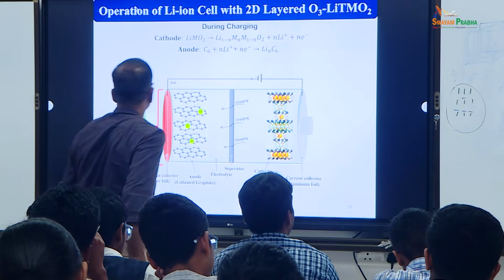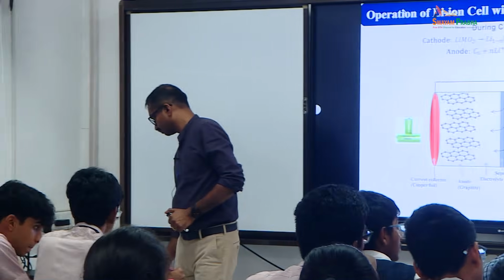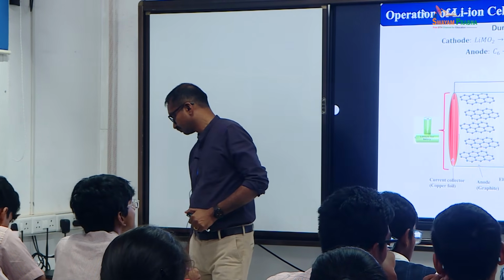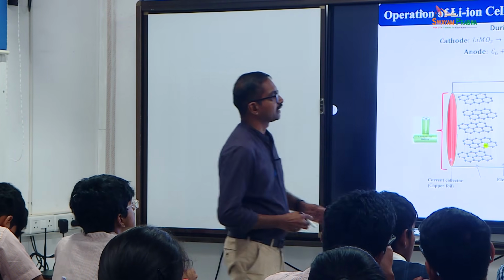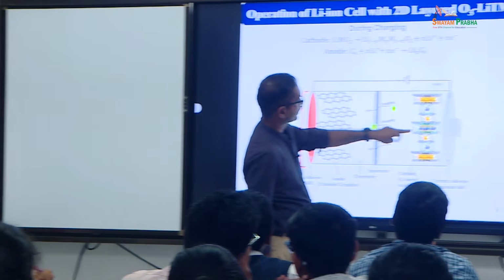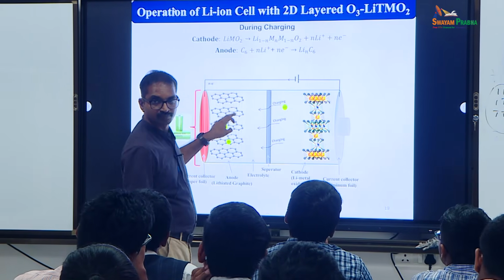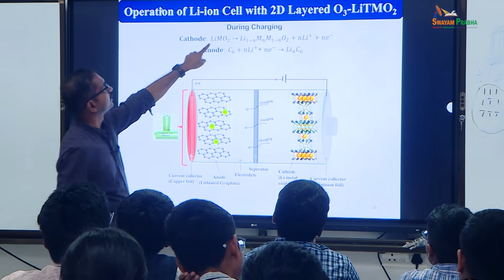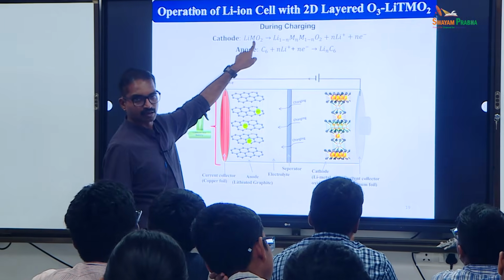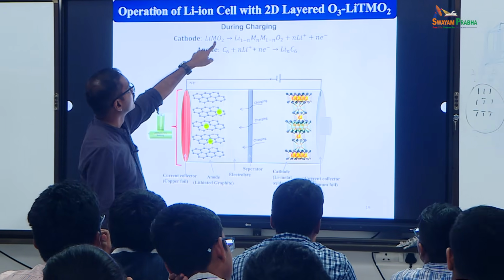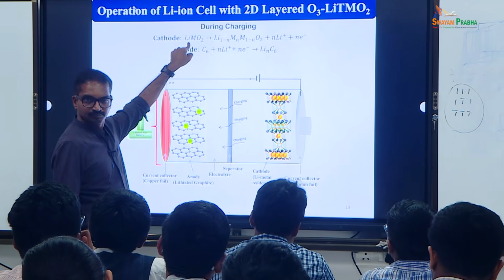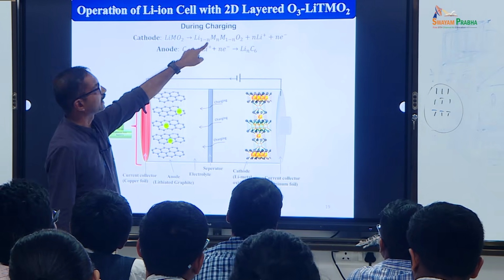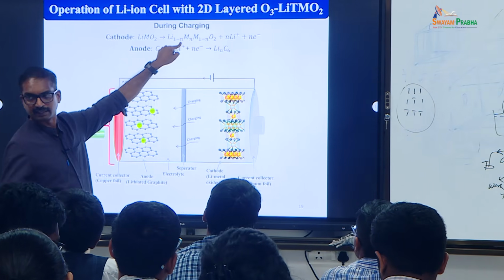And then now again we look at this visual. I am going to charge the battery. Lithium is extracted from here, gets intercalated here. Now what happens actually? This is my lithium cobalt oxide. M stands for cobalt here, for example. Now when I am trying to remove lithium, I am removing some lithium n. n is a fraction here.